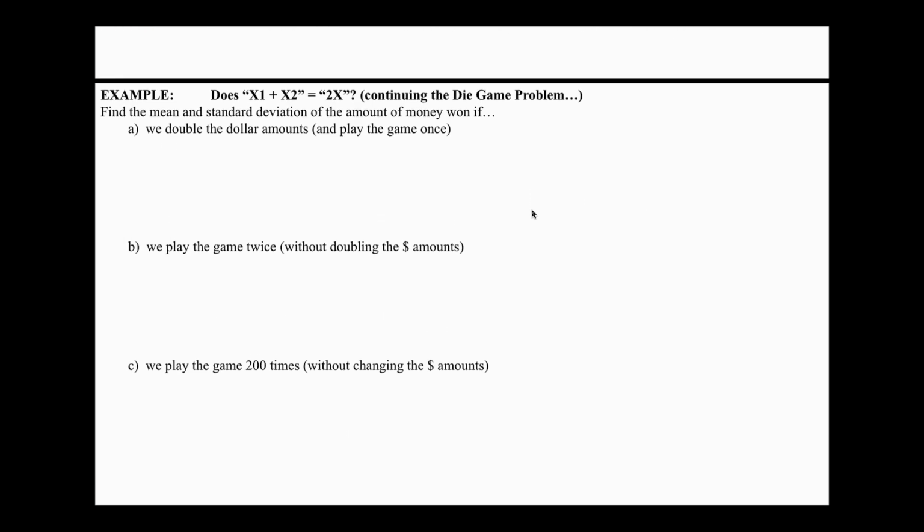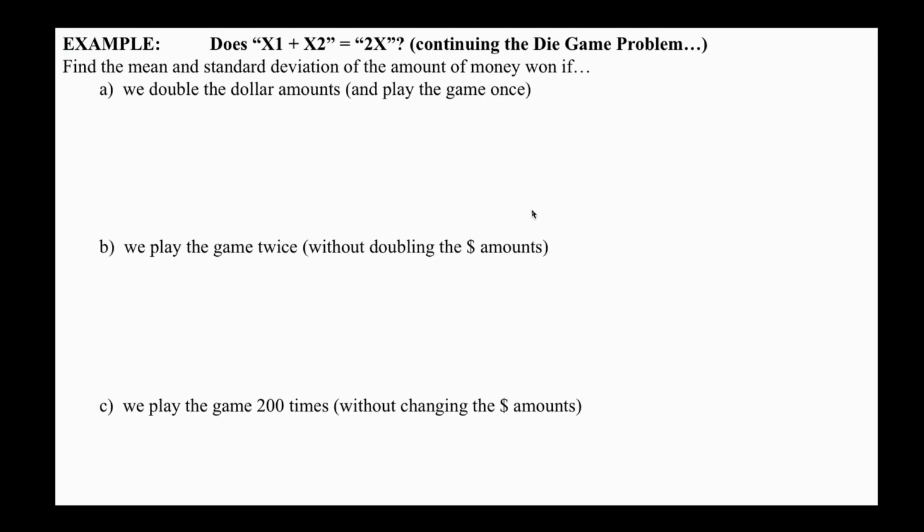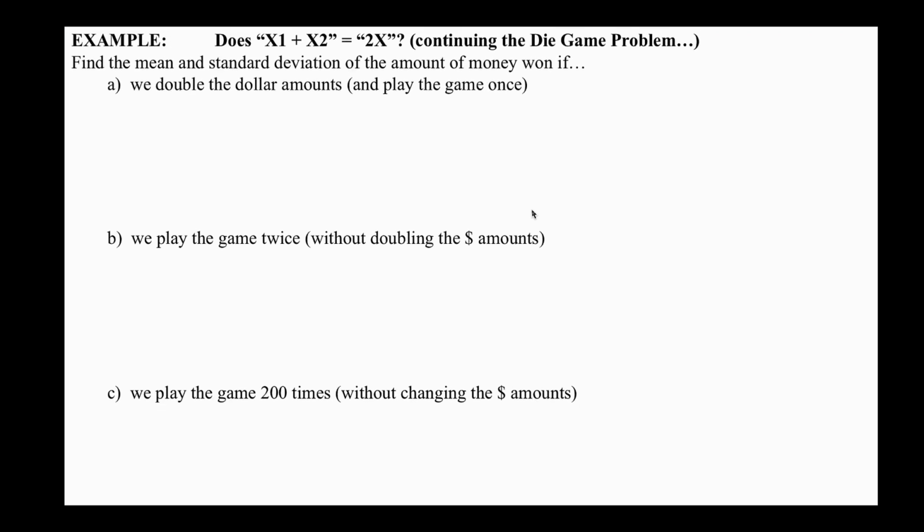All right, so now we're going to use the same table, and we're going to tweak it a little bit. I'm tweaking it a little bit every time. Same game we just played. Roll a 6 on the first one, you get 100. Roll anything other than a 6, and then a 6 on the next one, you get $50.